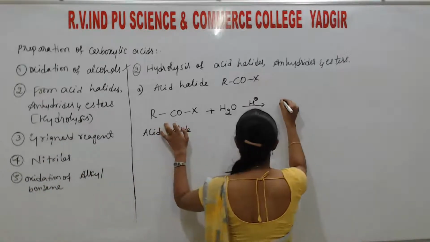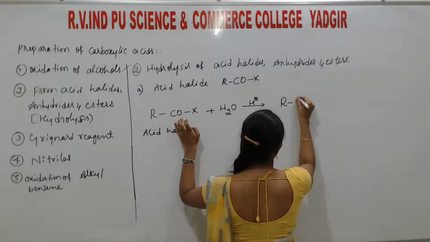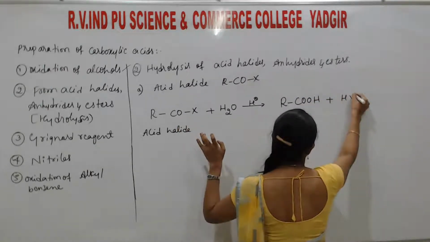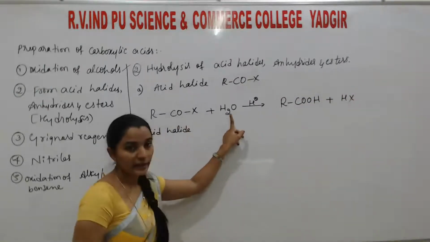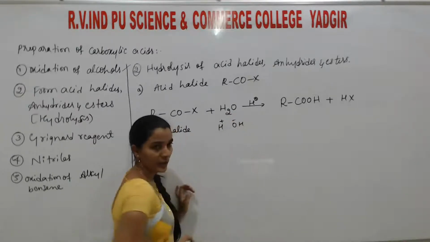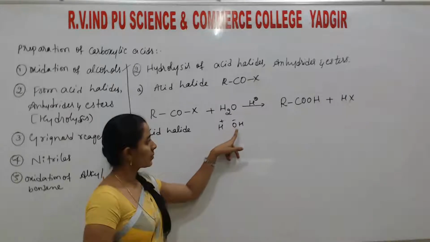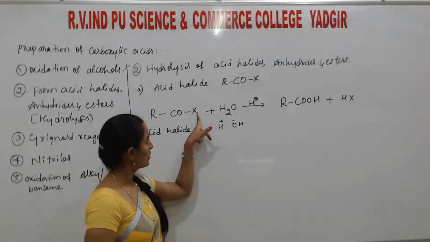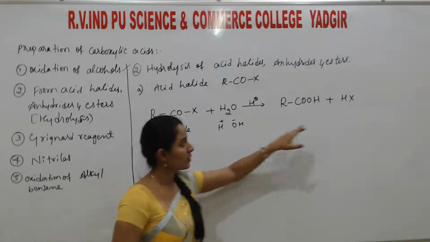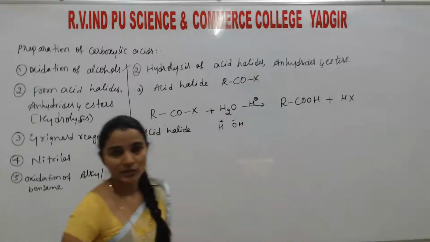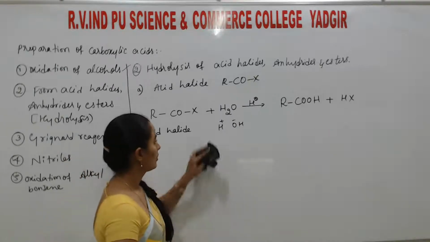They form RCOOH plus HX. Means this H2O changes to H plus and OH minus. This X is replaced by OH minus charge. This X is combined with this H plus and forms HX. This is the reaction that happens.